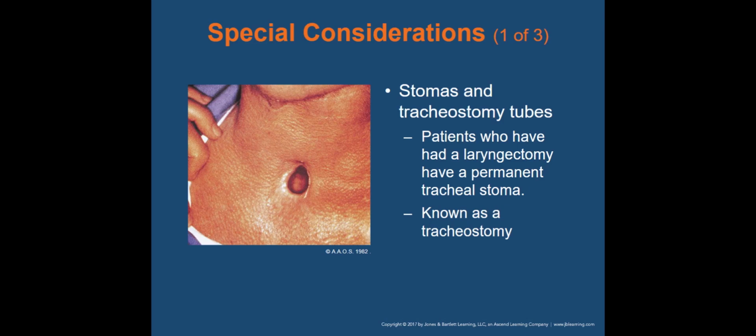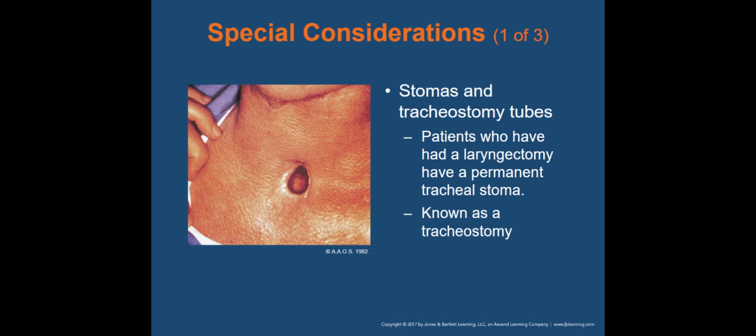Special considerations in airway control include stomas and tracheostomy tubes. Patients who have had a laryngectomy, surgical removal of the larynx, have a permanent tracheal stoma, which is an opening in the neck that connects the trachea directly to the skin, also considered a tracheostomy. Patients may have other openings in the neck depending on the type of operation performed.